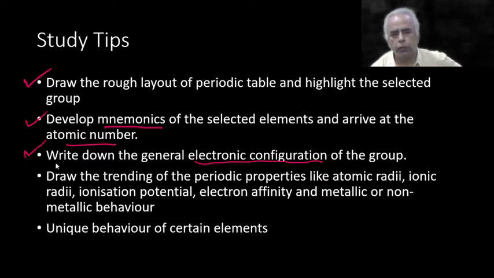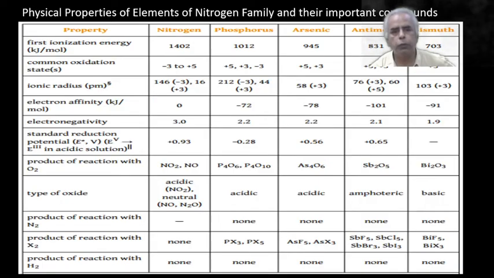I think now you are familiar with how to write down the electronic configuration of the group. Then draw the trends in the periodic properties like atomic radius, ionic radius, ionization potential, electronic configuration, electron affinity, metallic or non-metallic behavior. All these things can be tabulated nicely, so that you will be able to figure out all the important properties.